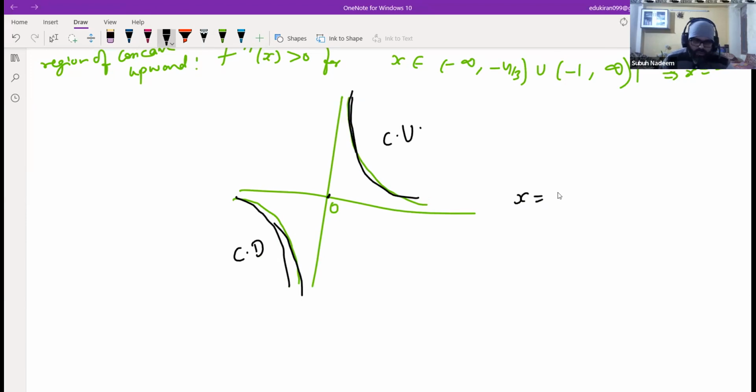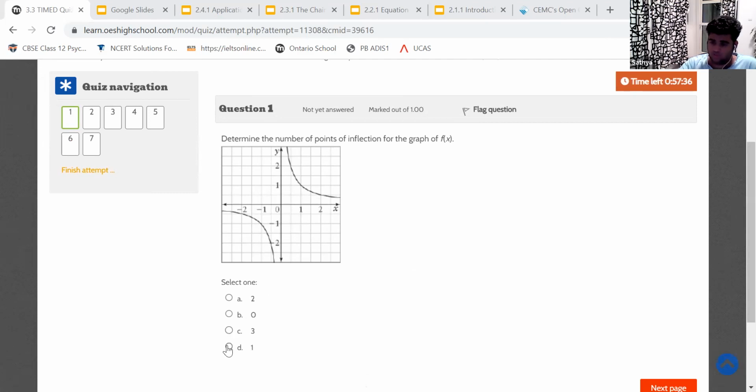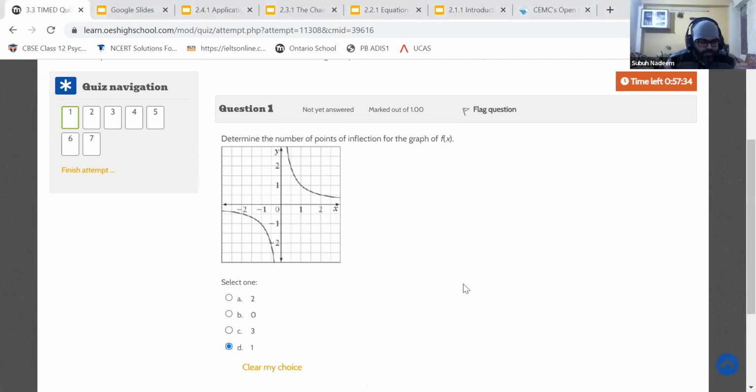So x equal to 0 is the point of inflection, so there is one point. You should ideally say that there is one point, and that point is 0. Sometimes they give another answer, but still there is a 90% chance that it should be one. Okay, so there's only one point then.